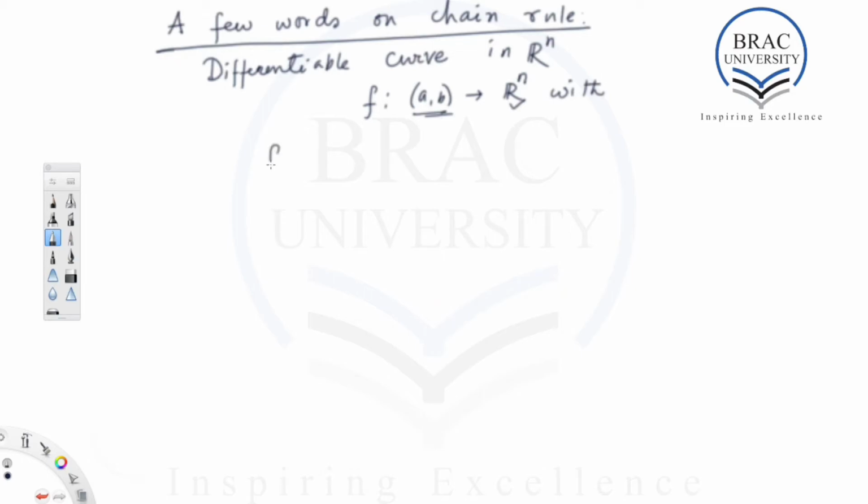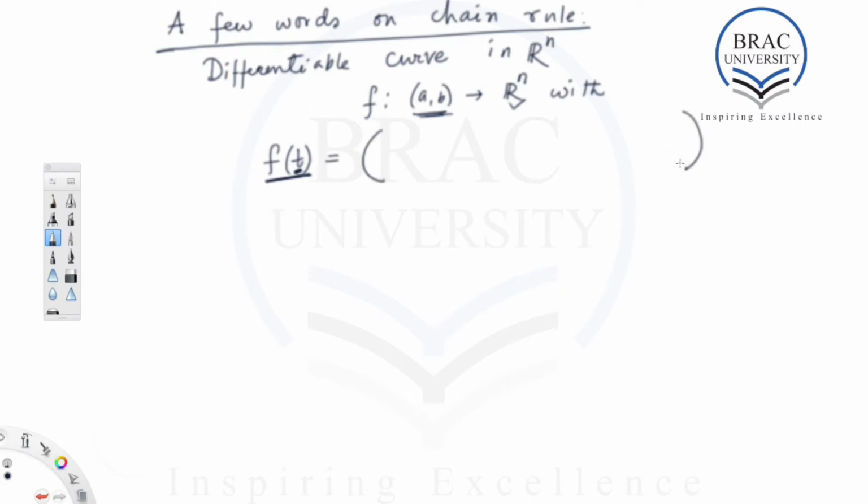Consider f(t). Since this is a function of a point that resides in this interval, that parameter is denoted by t. And what is this f(t)? It's a vector in R^n, so it has n components.